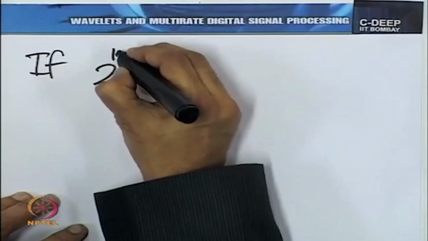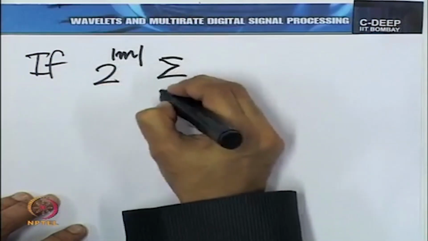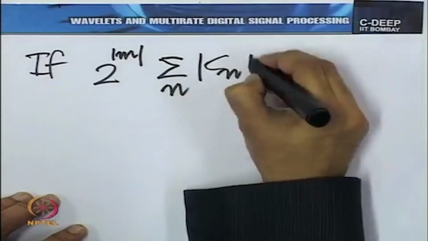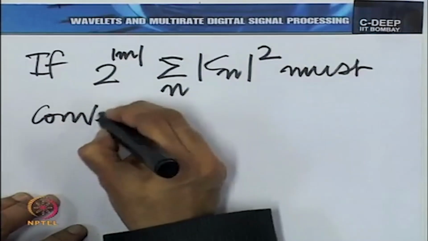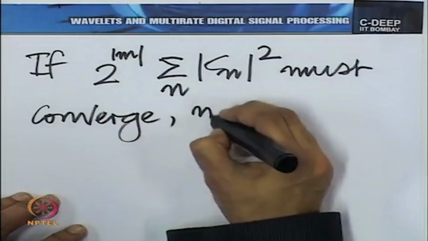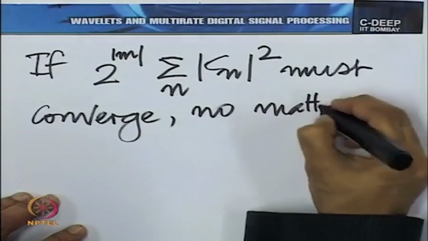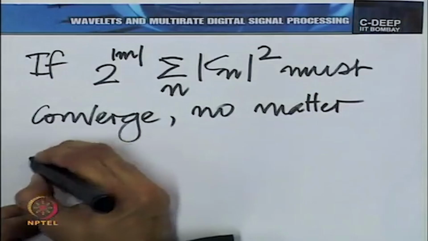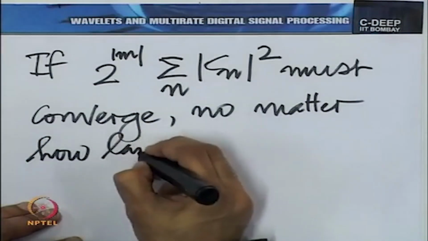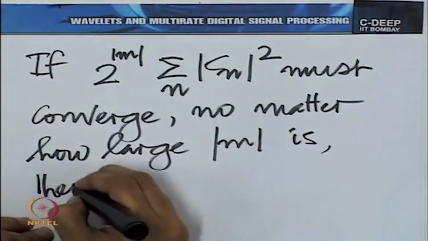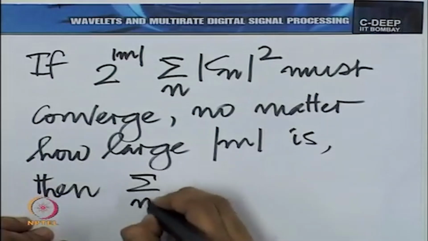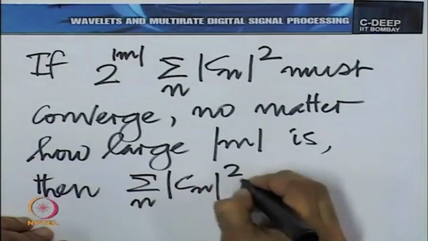So, you are saying that if 2 raised to the power mod m summation n mod C n squared must converge, no matter how large or how negative, then we must have summation over n C n squared tending to 0.